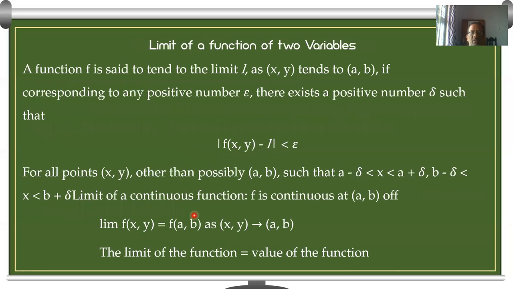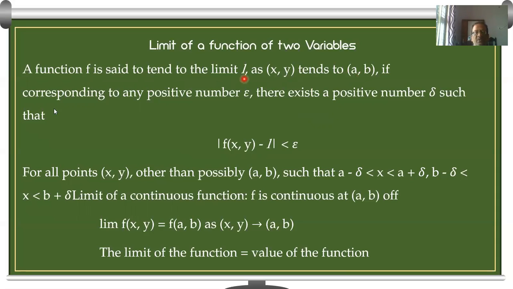Next, limit. Limit of a function of two variables. What is the condition? A function f is said to tend to limit L as (x, y) tends to (a, b). If (x, y) tends to (a, b), the function tends to L. In that case, what is the condition?